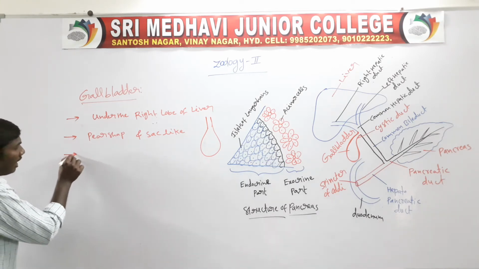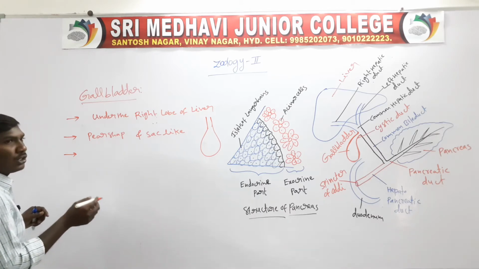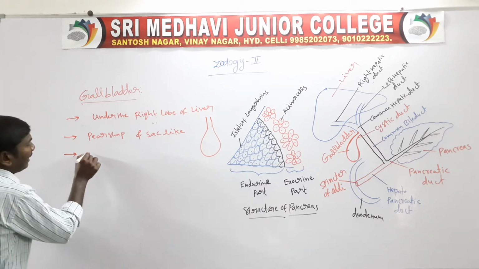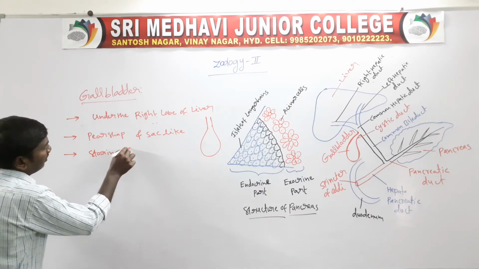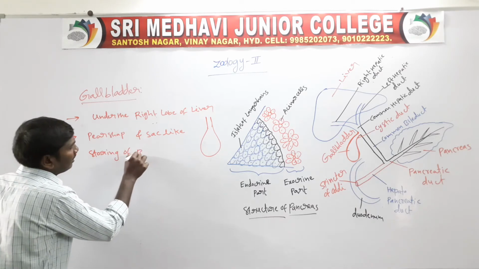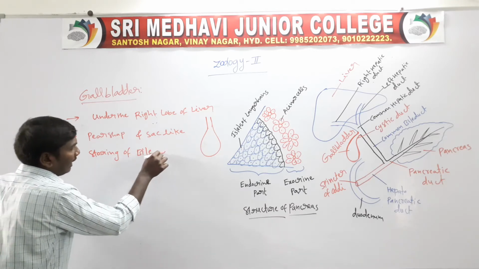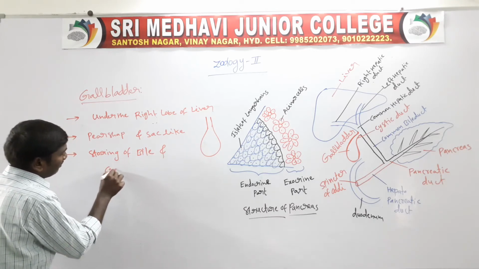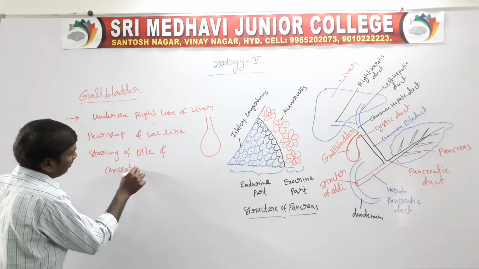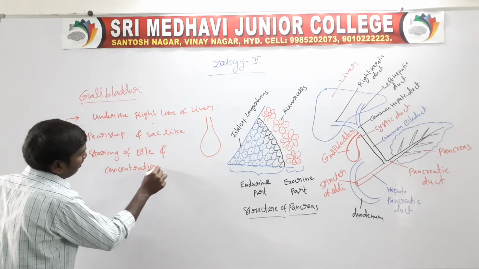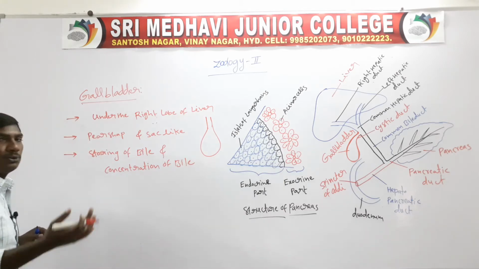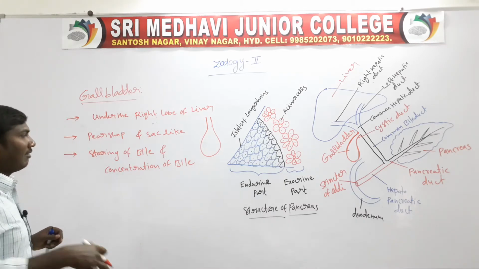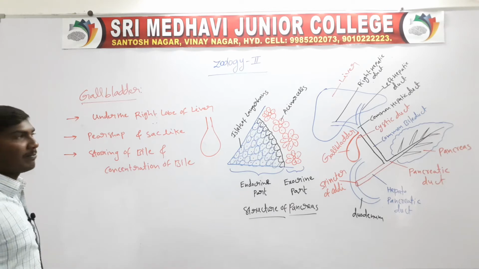Next one, the gallbladder is the store of bile, and it concentrates the bile. So it stores bile juice and concentrates it.